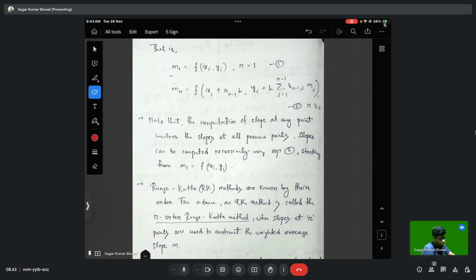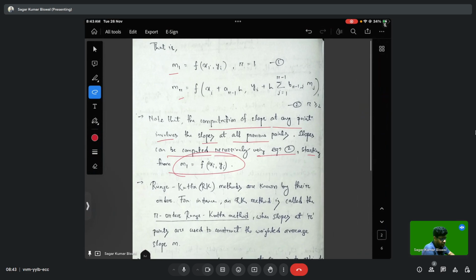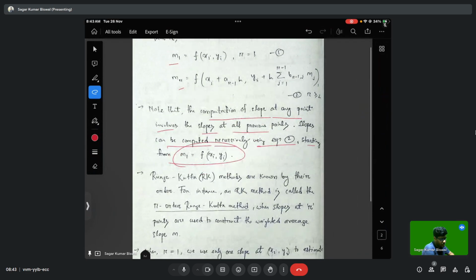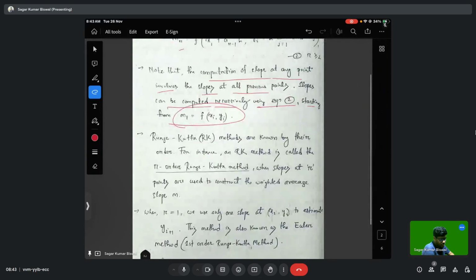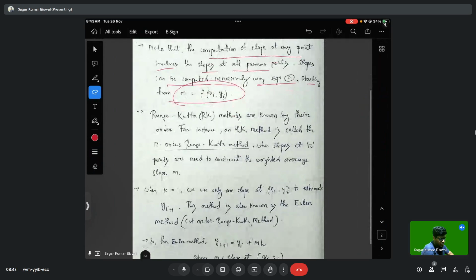So here this is m1 and this is mr. Note that the computation of any slope at any point involves the slopes at all previous points, and slopes can be computed recursively using equation 2, where m1 is equal to f(xi, yi). You don't worry about them, ignore them. So the Runge-Kutta methods are known by their order, right?